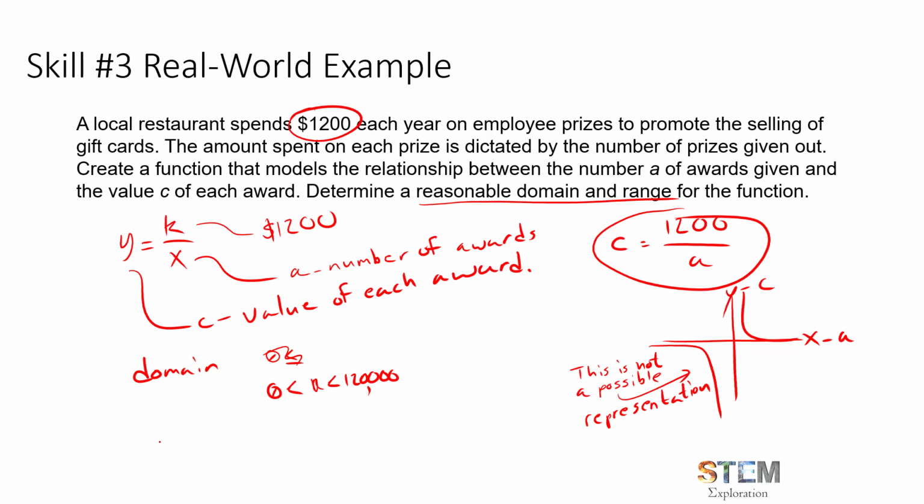Now, range is the same type of situation that we need to take into consideration here. So based on the values that I have here, our range has to be 0.01 at a minimum, right? It has to be equal to or bigger than that, and can have a maximum of $1,200 because that's the total amount of money that we have on prizes.